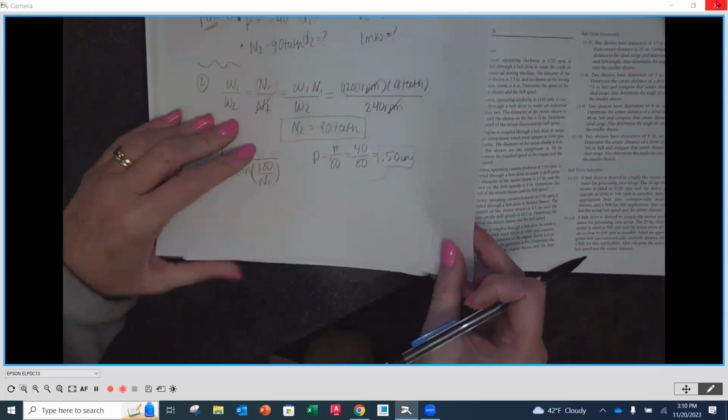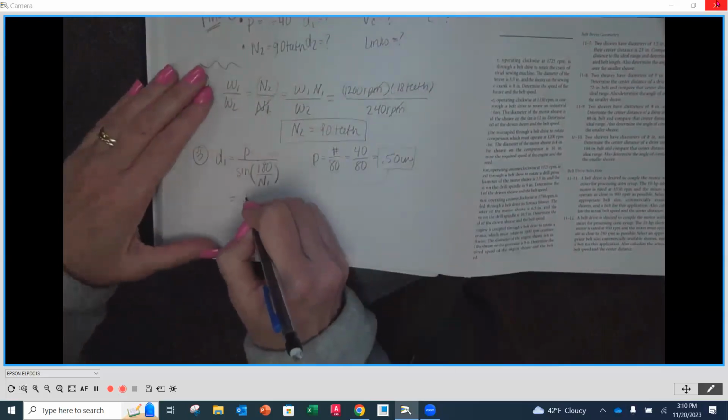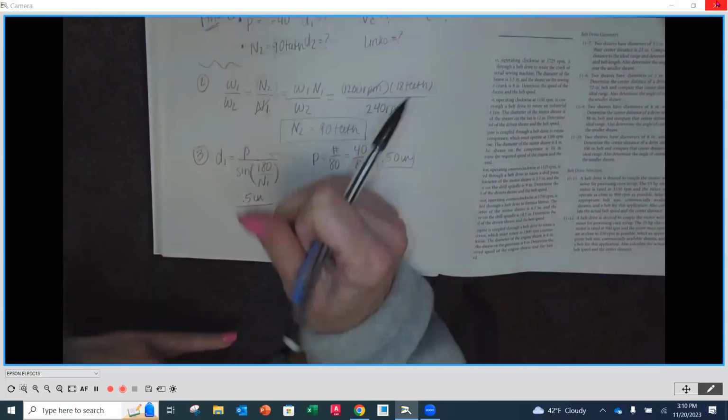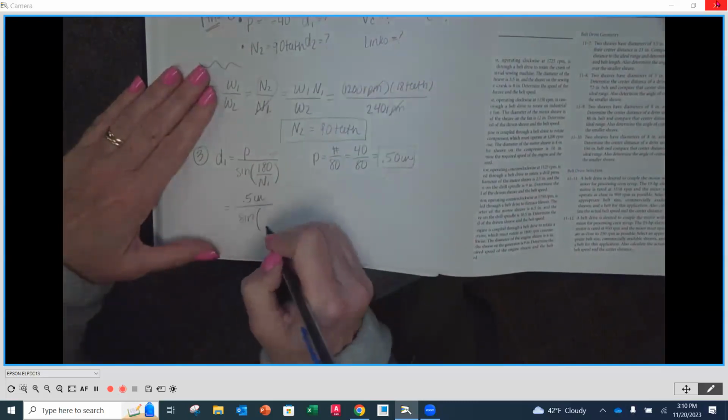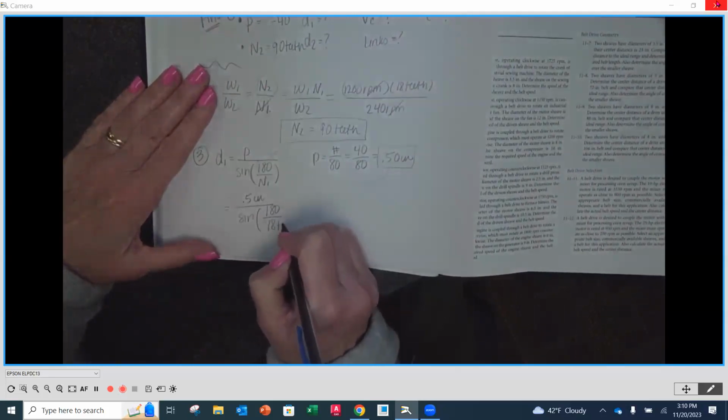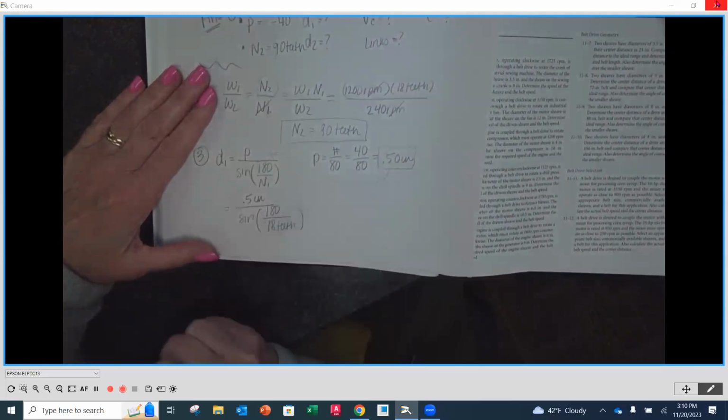So now we're going to put our numbers in place. This is going to be 0.5 inches divided by sine of 180 divided by the number of teeth, which was 18 teeth.